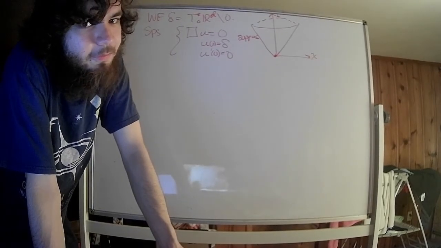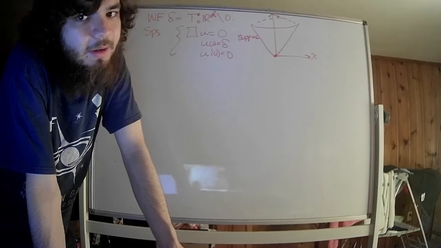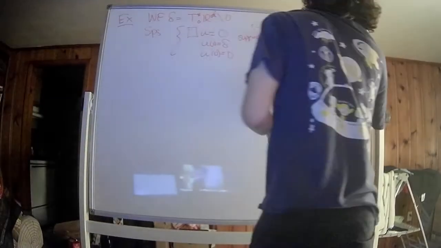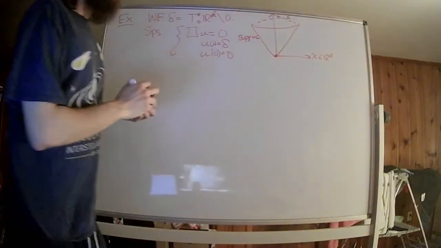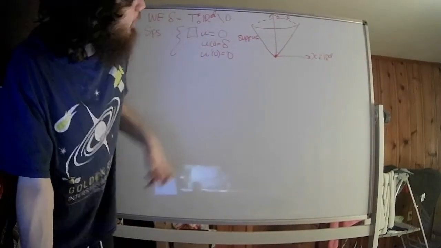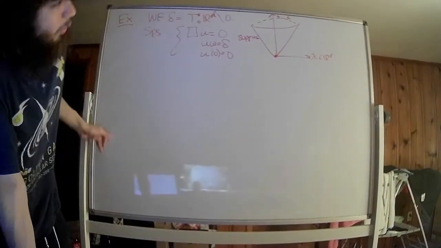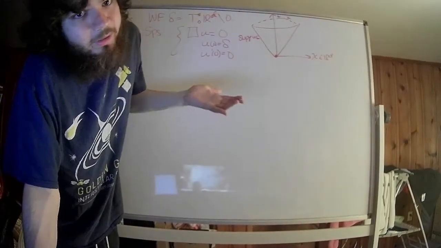But if D is like 2, 4, 6, 8, etc., so this is R^D, and this is R, then we only have a weak Huygens principle, and we get a bunch of junk inside the cone, possibly.